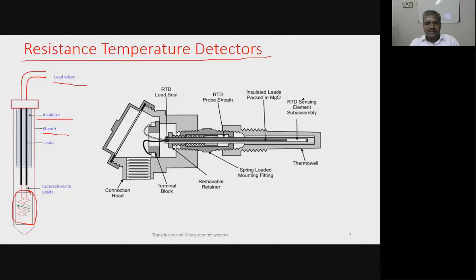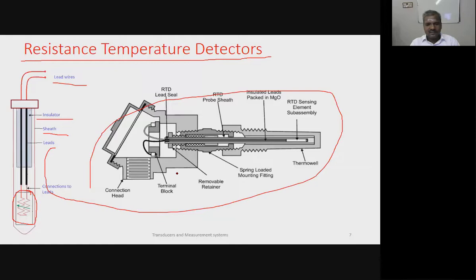This is an industrial RTD. If you go to industries, most industrial RTDs are in this fashion. Here also the sensing portion is here. For PT100, the sensing portion is platinum. Then the insulator for the leads is magnesium oxide. Then the RTD probe sheath. This is the spring loaded mounting for vibration avoidance, with a removable retainer.